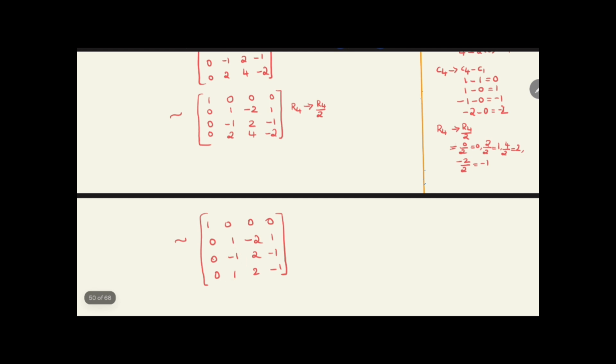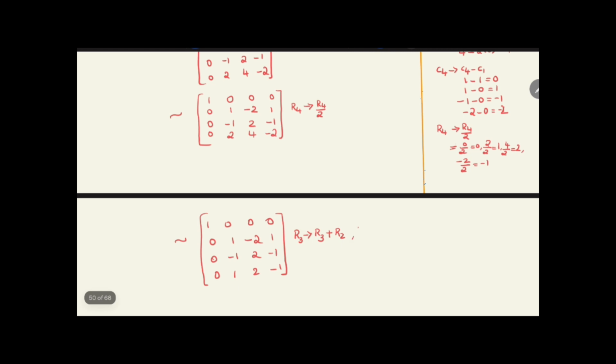For that I have to make use of the row 2. Okay, what will be the operation now? R3 implies R3 plus R2. Is it plus or minus? Wait, students, let me check. R3 plus R2. Right? Minus 1 plus 1. Yes, 0.